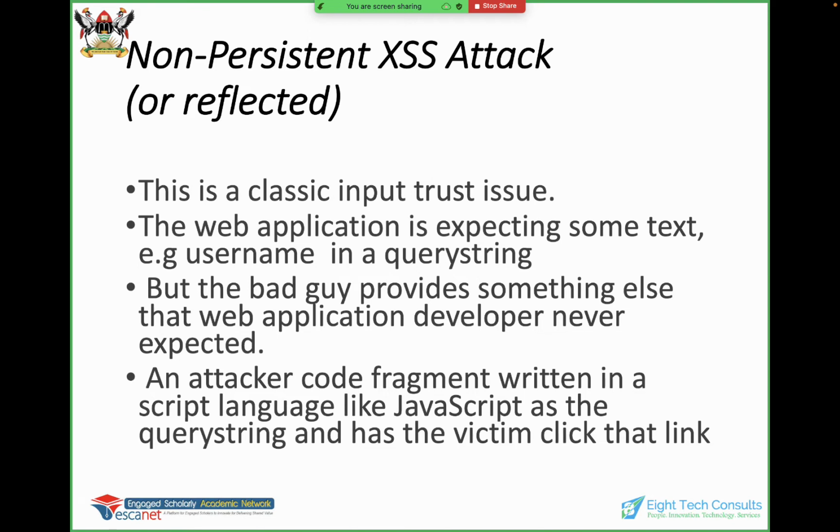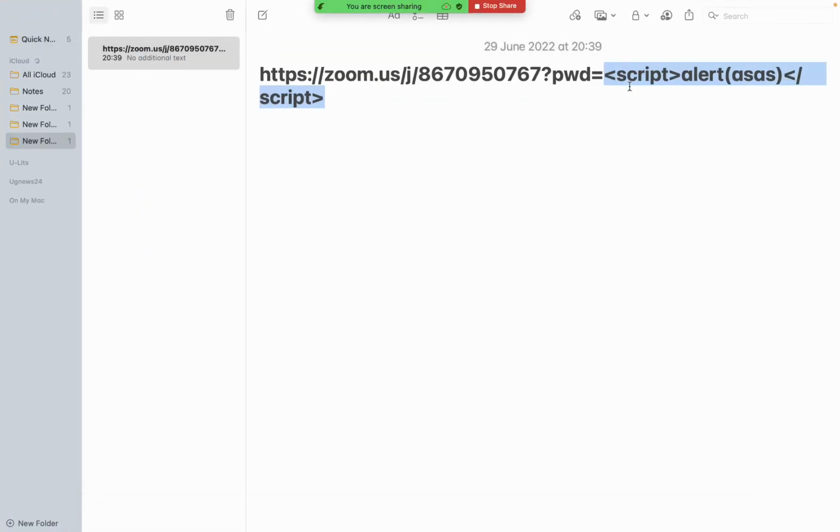So the web application is expecting some text, let us say a username or query string, but the bad guy provides something else, like I've shown you. They were expecting a password, but what I've done is provide my JavaScript. So if you carelessly handle what I've just sent to you, then I'll be able to mess with the application.